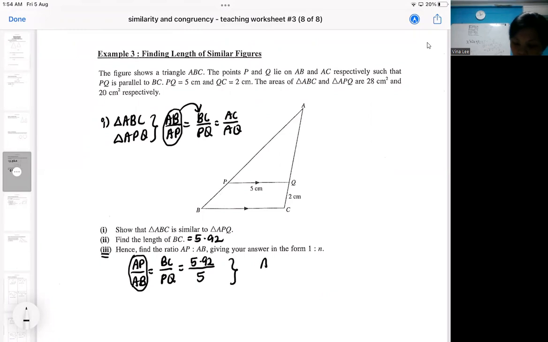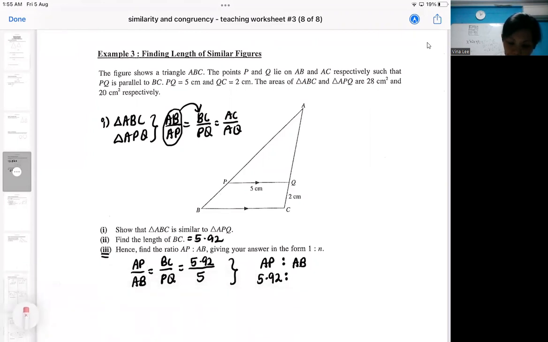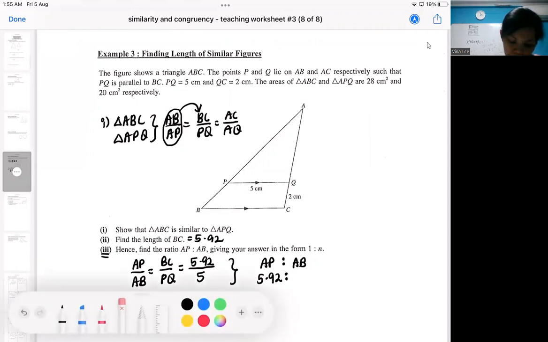So from here you can try. From here it will be 5.92 over 5. Oh, sorry. I think I wrote something wrongly. BC over... okay, I wrote it wrongly.